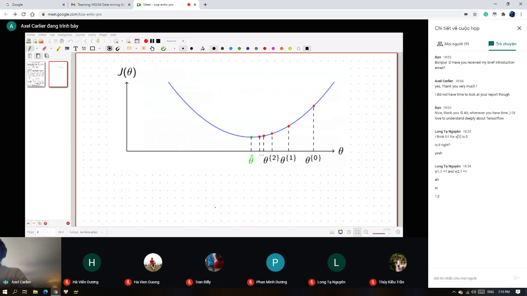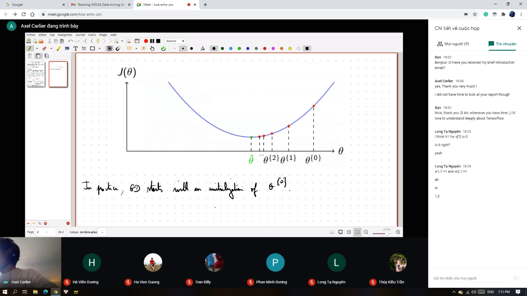Okay, so this is an illustration of what gradient descent does. In practice, gradient descent, GD for short, starts with an initialization of theta 0.